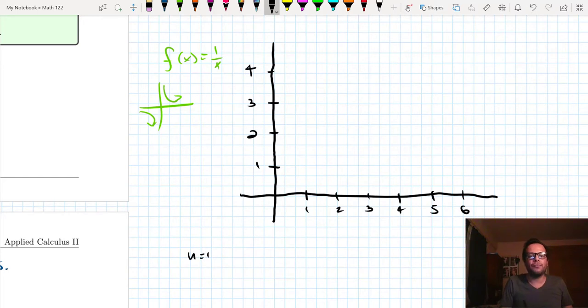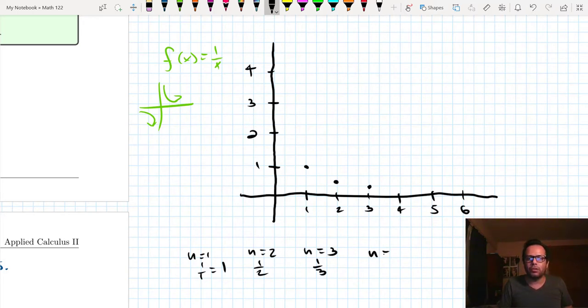I'm going to have 1 over 1, which is 1. So the point 1 comma 1. Then n equals 2, I'm going to have 1 over 2, which is 1/2, somewhere here. Then n equals 3, this will be 1/3, exactly here.